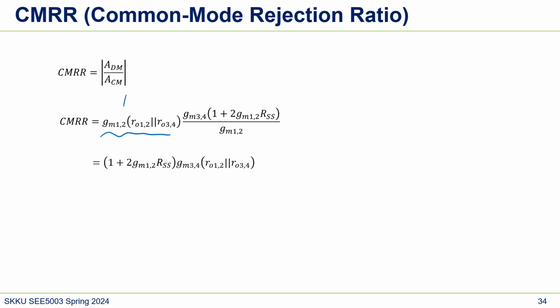This would be the differential mode gain, and this would be 1 over the common mode gain. Again, a high CMRR is good, which means that we have more differential gain than common mode gain, because for a differential amplifier, we only want to focus on the differential input, not the common mode input. So we want differential gain larger and common mode gain smaller.